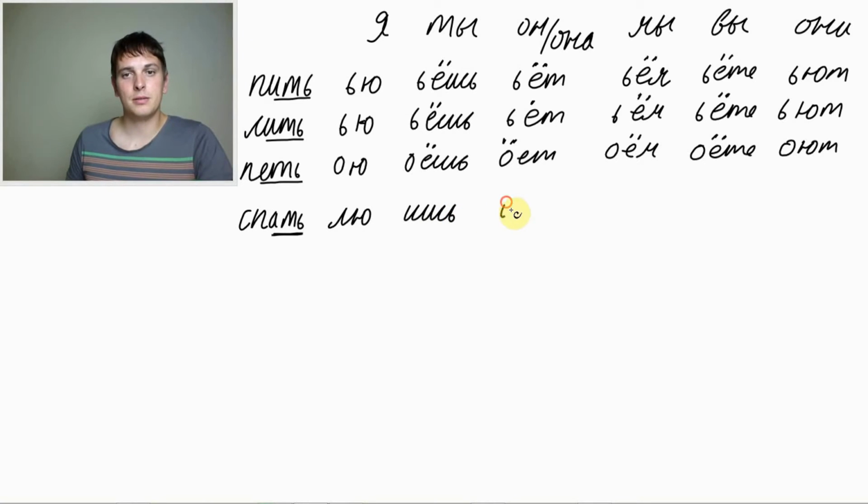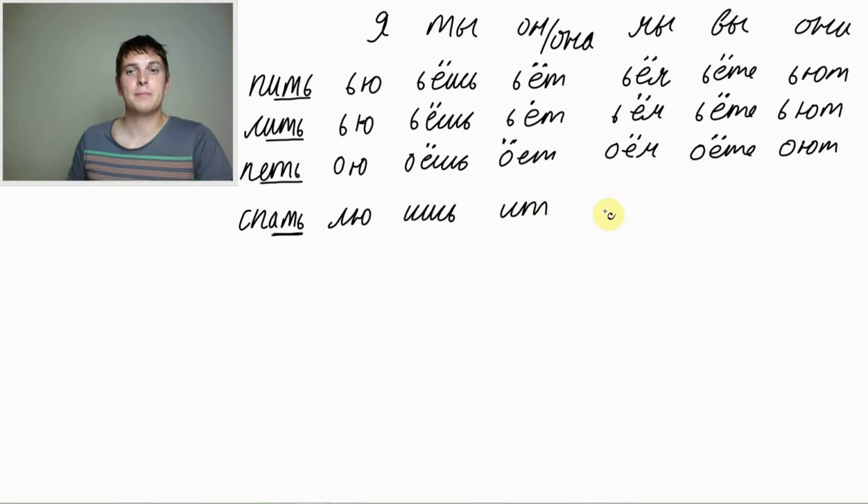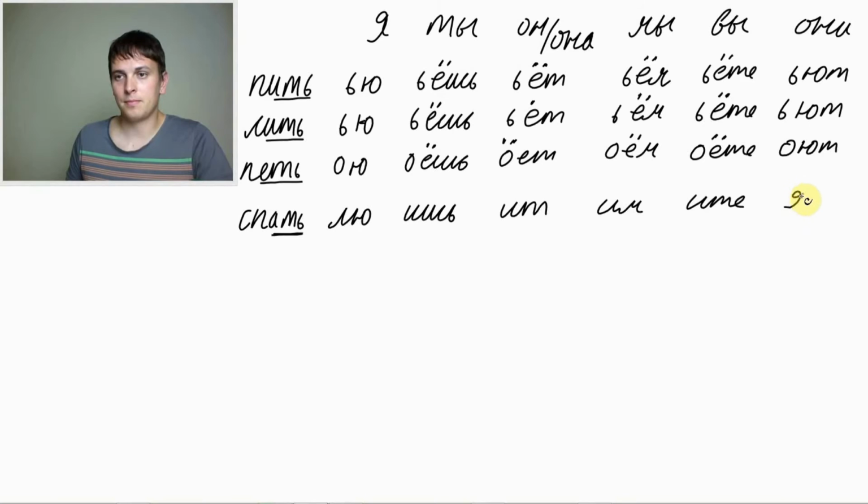Он спит. He or she is sleeping. Он, она спит. Мы спим. We are sleeping. Вы спите. You are sleeping. And они спят. They are sleeping. Here we get the conjugation type number 2.